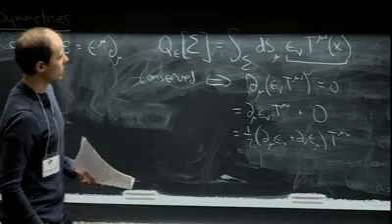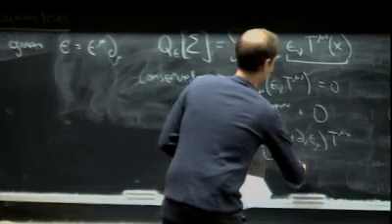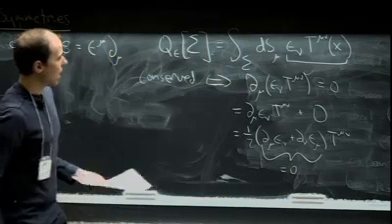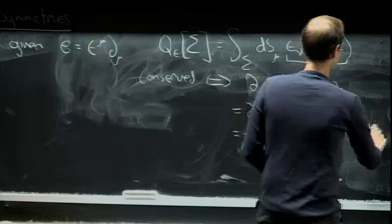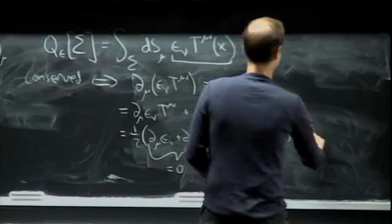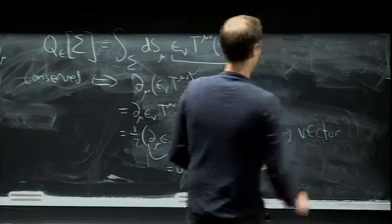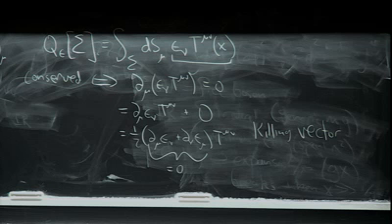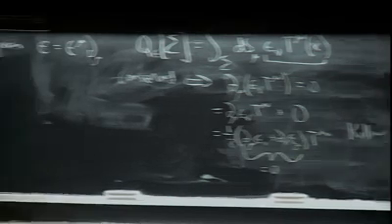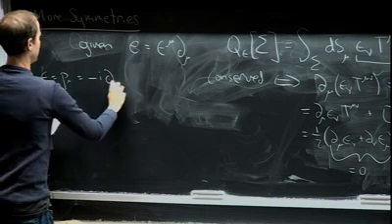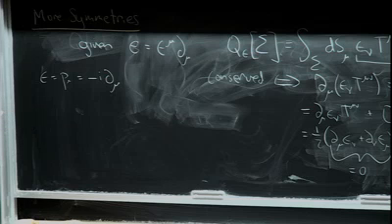Okay, so the condition for conservation should be that this is equal to 0. And this says that epsilon is a Killing vector, or an isometry. Okay, so we already talked about one of the solutions, which is just epsilon is just that, which generates a translation.